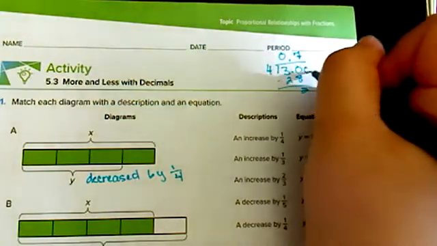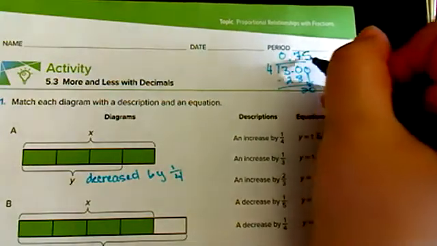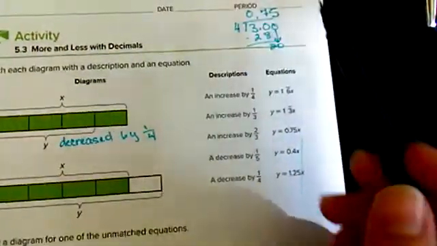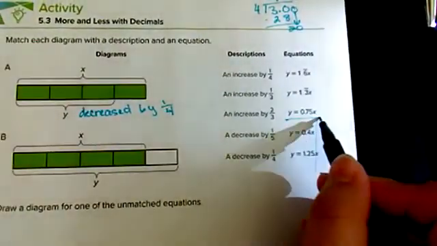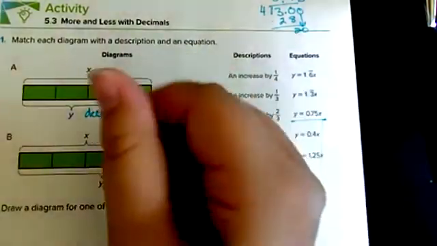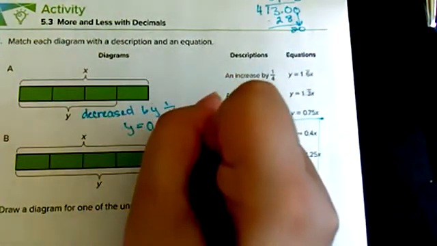Subtract, we're left with 2 left over. 4 goes into 20 5 times. So we're going to want the one that's 0.75, and we have that right here. So this one's going to be y equals 0.75x.